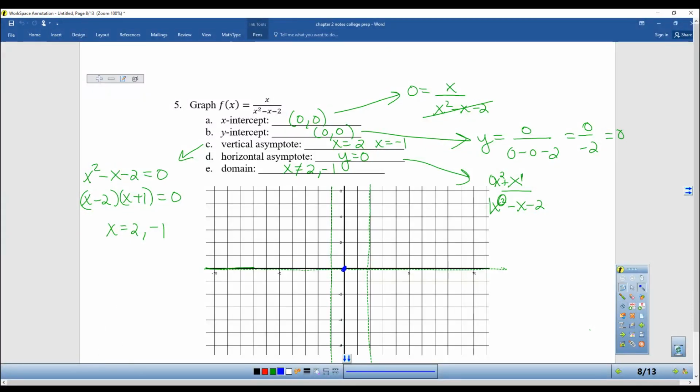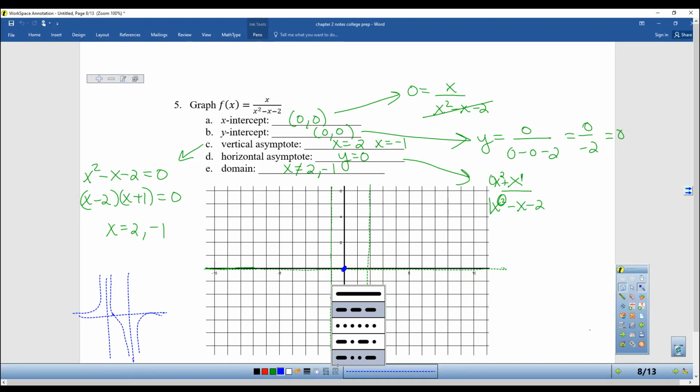Still didn't make them dashed. So I suspect with that 1 point being there, it's going to do something like that, which means it could do this. I'm not really sure. We're going to plot a few points, but that's my guess. How do I know that? The more you do of these, the better you'll get at anticipating what they're going to look like.